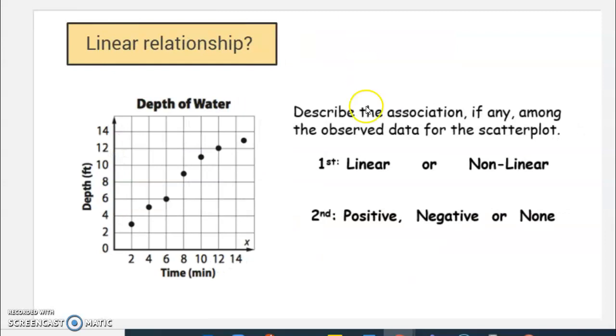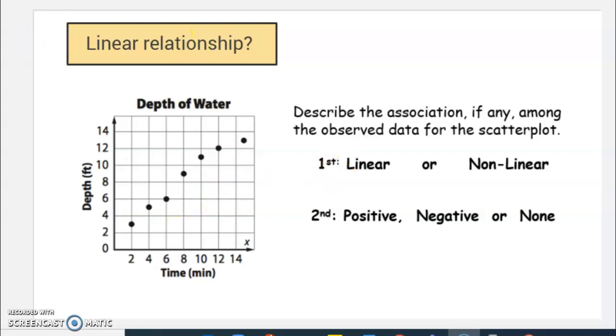Okay? So if we look at the first example, slide 2, when points are plotted on a graph, sometimes we want to know if they're linear. Linear means that the points on the graph are kind of grouped together in a line fashion, right? Not a straight line, but if you look at them, we can see that they are aligned. Non-linear would mean that they do not form a line, or they're not grouped together in a line.